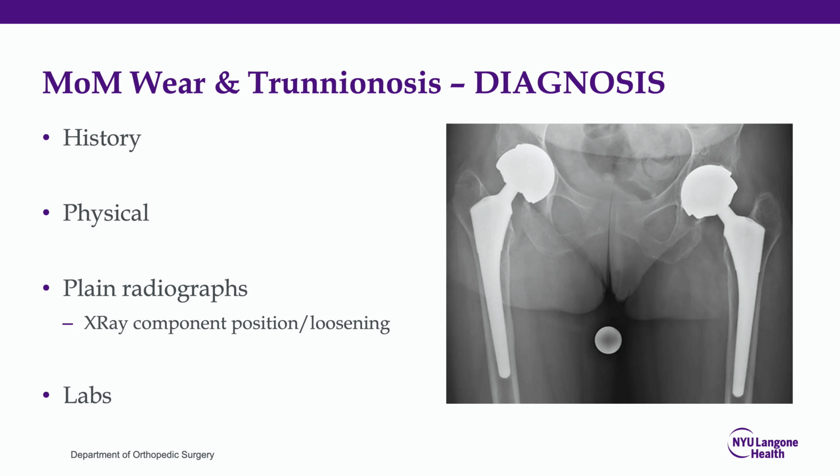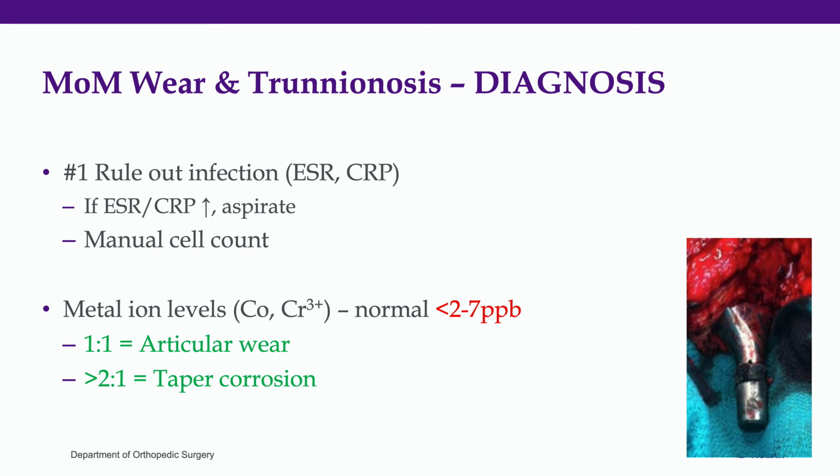Physical examination can be less specific if there isn't a mechanical failure, but there's just generalized pain. On your plain radiographs, you can look for things like vertically oriented acetabular components, which will explain a higher rate of metal-on-metal wear. Obviously, you want to rule out any component malposition or loosening. And labs to evaluate for infection as well as the metal ion levels we've already discussed.